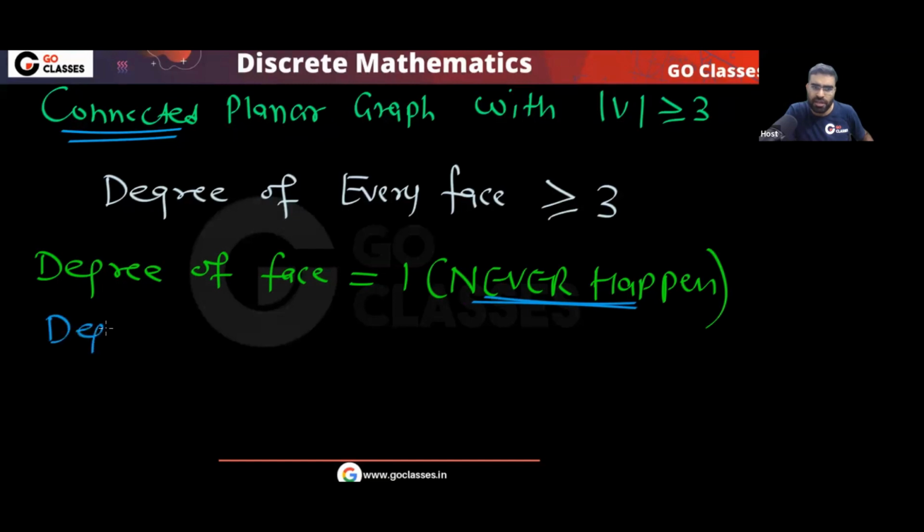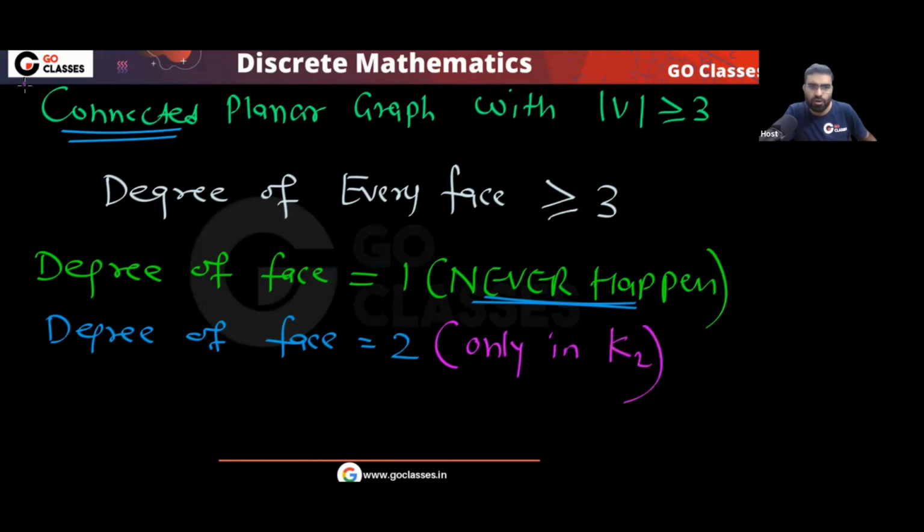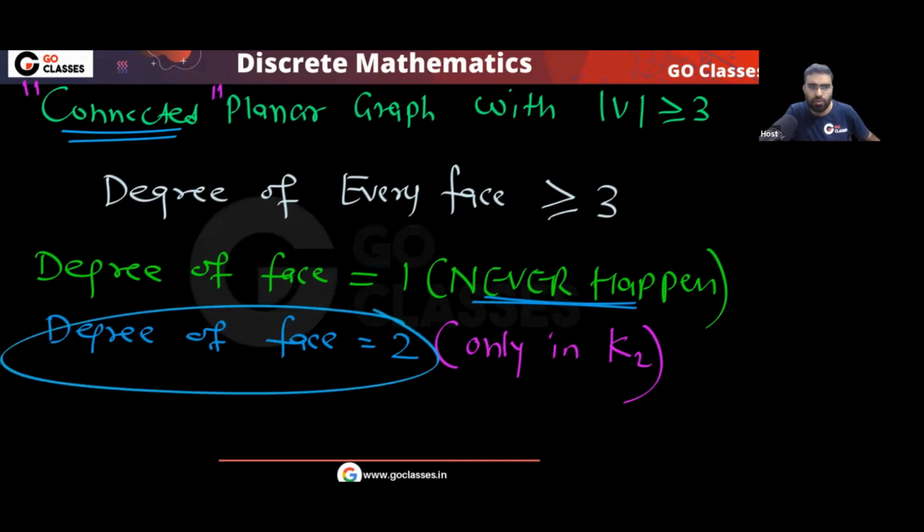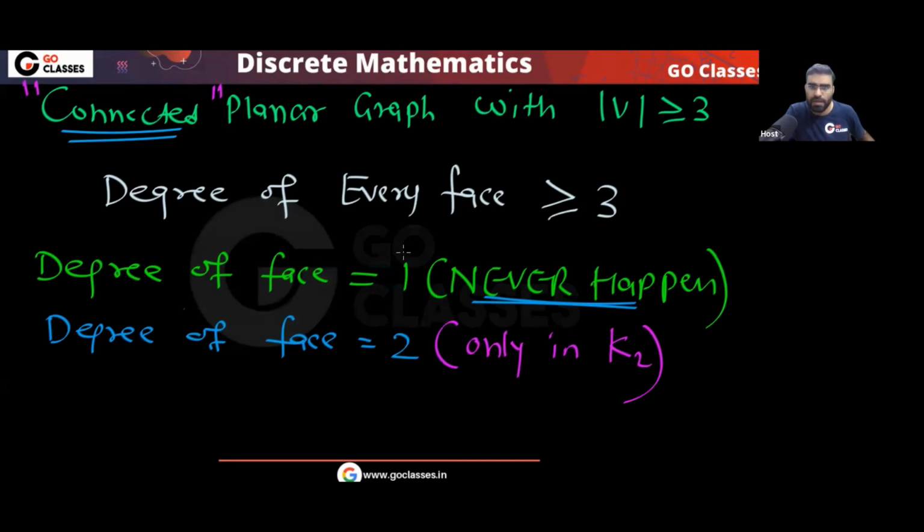Also, I told you, in a connected graph, the degree of face equal to 2 will happen only in K2. We are talking about connected graphs. So if you have at least 3 vertices, then the degree of every face will be at least 3.